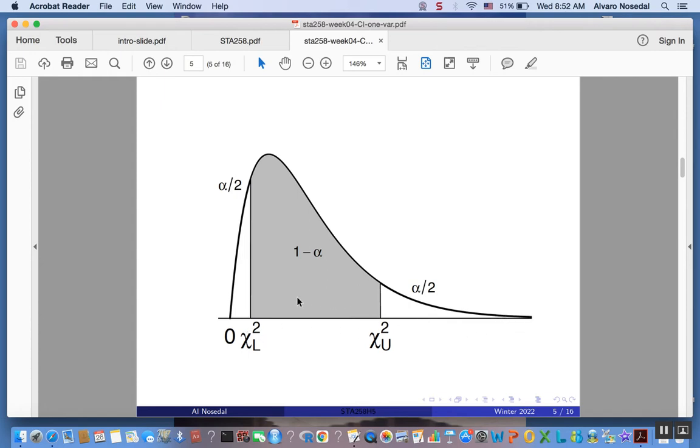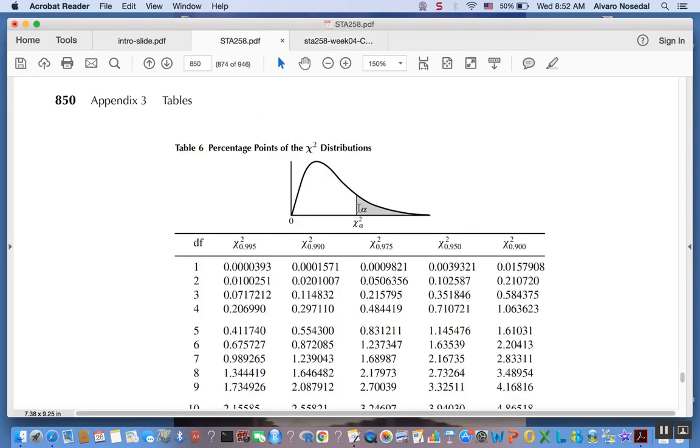So to the right, what we have is 1 minus the area to the left. And then to the right of this guy, clearly the area to the right is just alpha divided by 2. Makes sense? And we're going to be using that notation to make it match with the graph that you have here on table 6. Make sense?